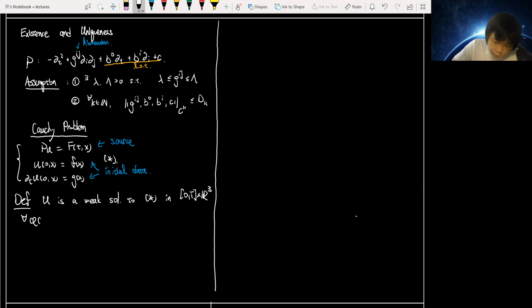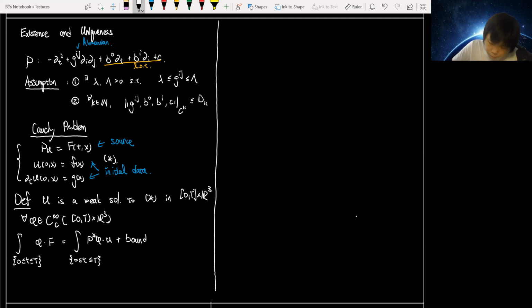For any test function phi, which is smooth with compact support, it holds that the integral from 0 to capital T of phi times F equals the integral from 0 to capital T of P star phi times u plus some boundary term on t equals 0.